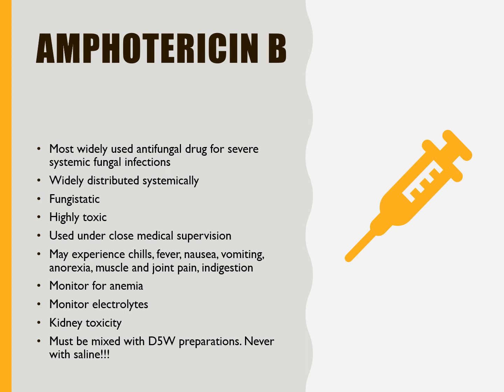It is a fungistatic medication, and it is highly toxic, so we use it under very close medical supervision. It's excreted by the kidneys, and it works by binding to sterol, which is a lipid in the fungal cell membrane, and it inhibits the multiplication of the fungus. It can become fungicidal with really high doses.